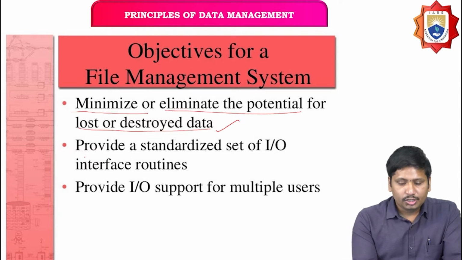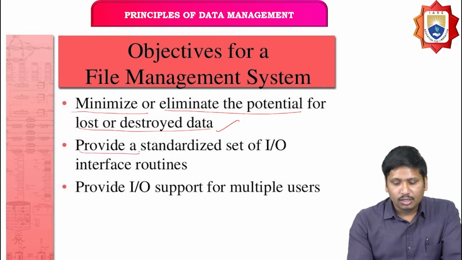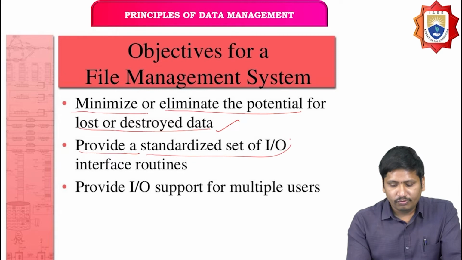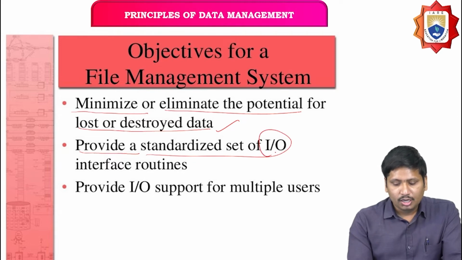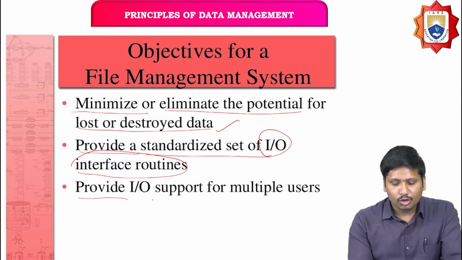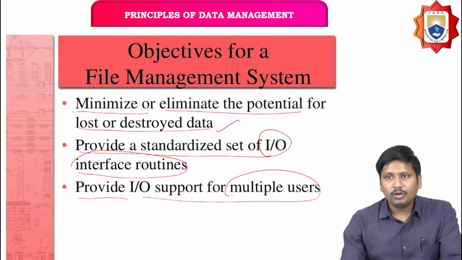It is also useful for us to provide a standard set of input and output operation, input output and interface service routines. These two are also very important, which can provide a standardized set of input and output interface routines. And then it also provides input output support for multiple users.